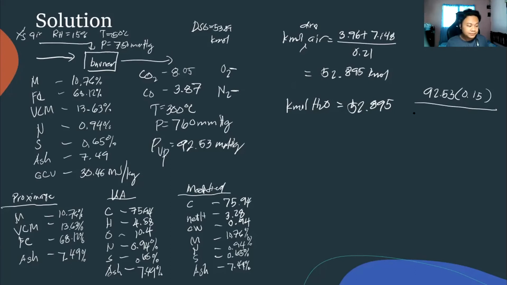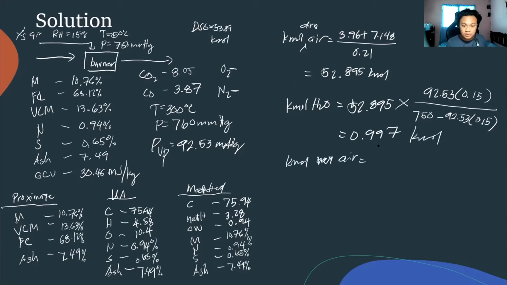And then, we'll have the total pressure. The total pressure is 750 minus the lang. So multiply lang na siya. That's 0.997 kmol. So kmol wet air now, just add that.